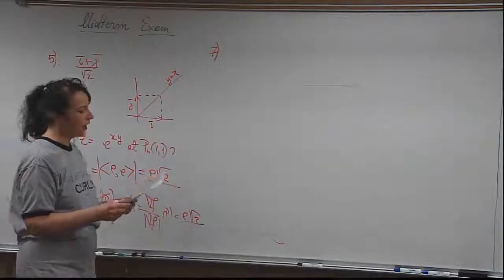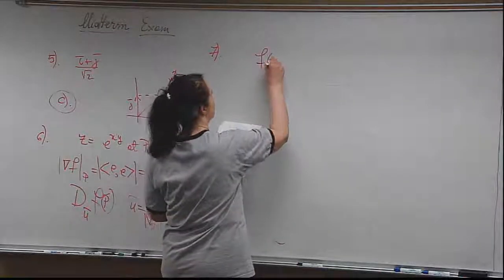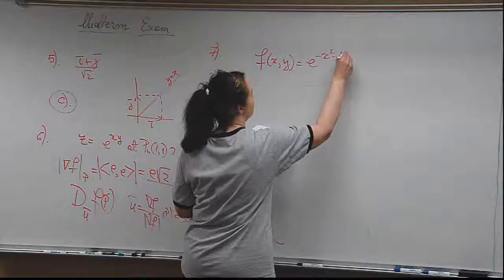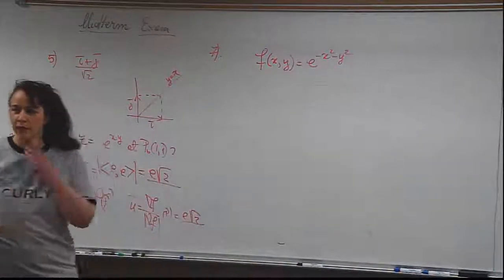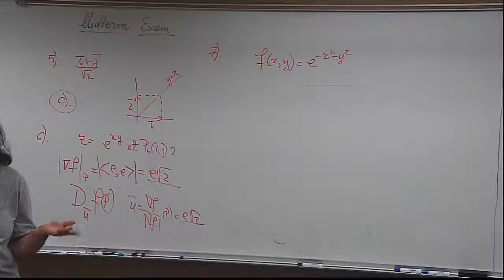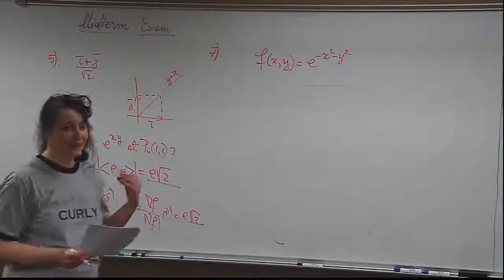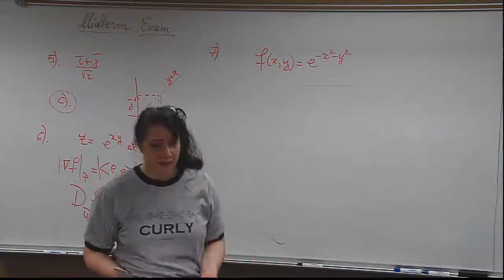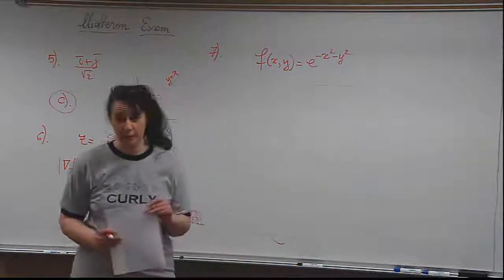Consider the function f of x, y equals e to the negative x squared negative y squared. What can you tell me about this type of function? It's the headache function, that if I would ask you to do an antiderivative of e to the negative x squared, you would say, Magdalena, didn't you say that this is impossible?